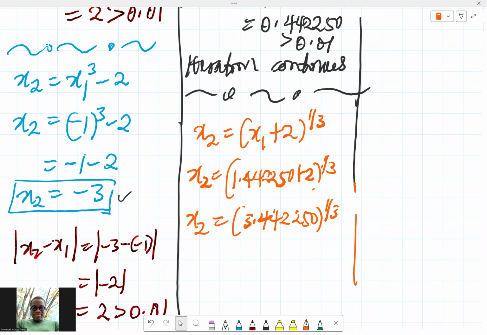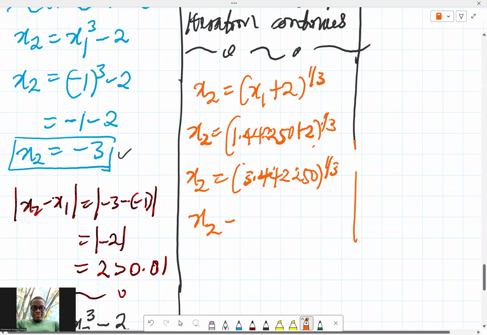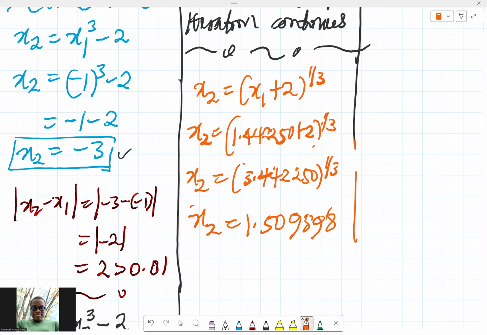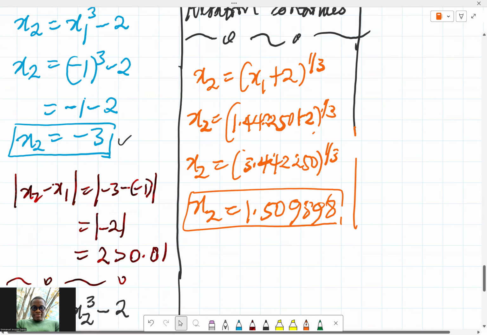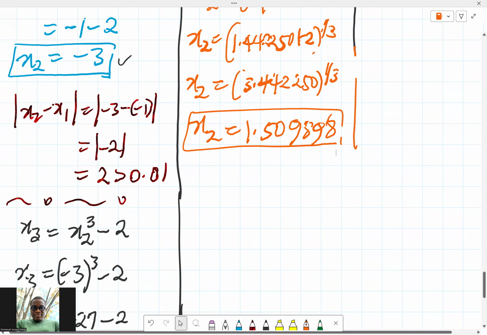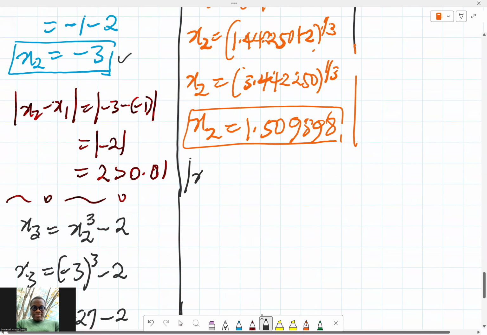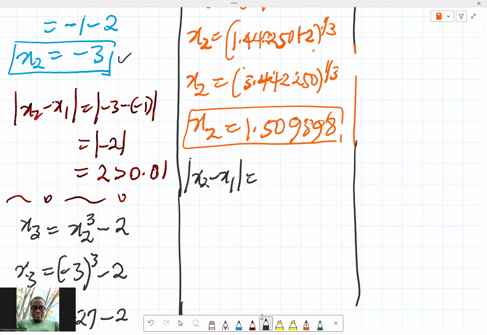So x2 now is 1.509898. So we have x2 right there. Then we can check for the convergence. Absolute value of x2 minus x1 is equal to x2 minus x1. Let me take it down.